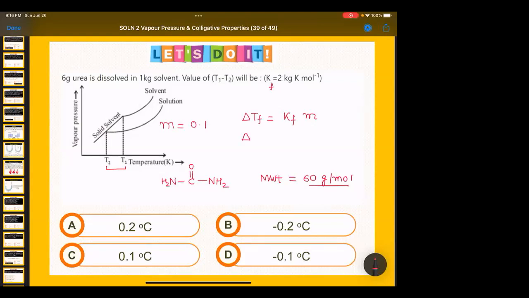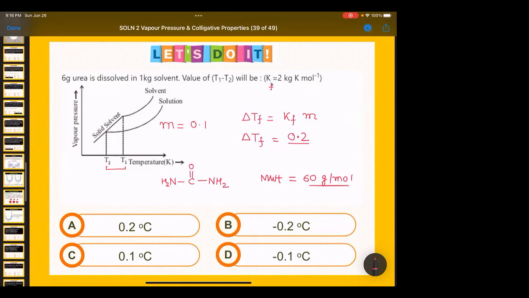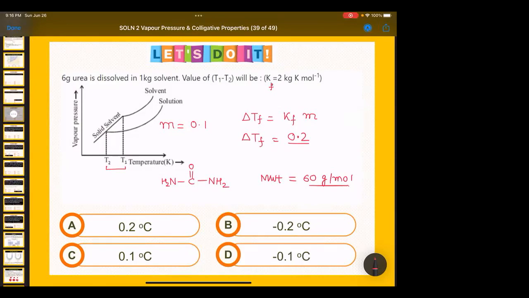Delta Tf is going to be 0.2. So the depression in freezing point is going to be 0.2. Clear? Yes, sir.